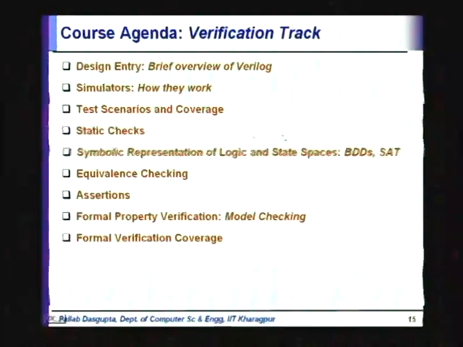Then we will use all that in equivalence checking, and then we are going to talk about assertions or formal properties, then model checking, and then finally something which is a pretty hot topic these days, which is formal verification coverage. How do I know that I have written enough properties? Because I can write properties which are absolute garbage, they do not mean a thing.